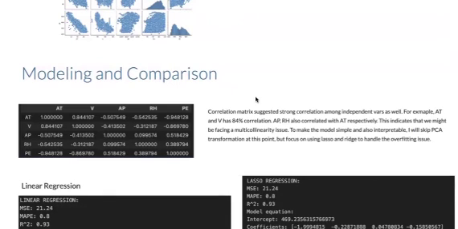Before I put my efforts into the modeling, I plotted out the correlation matrix just to make sure I fully understand the correlations among all the variables. And apparently we can see between variable AT and variable V, there is a very strong positive correlation.